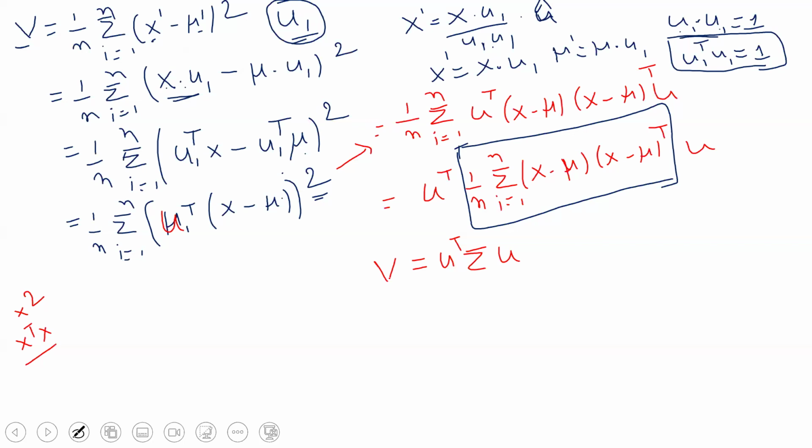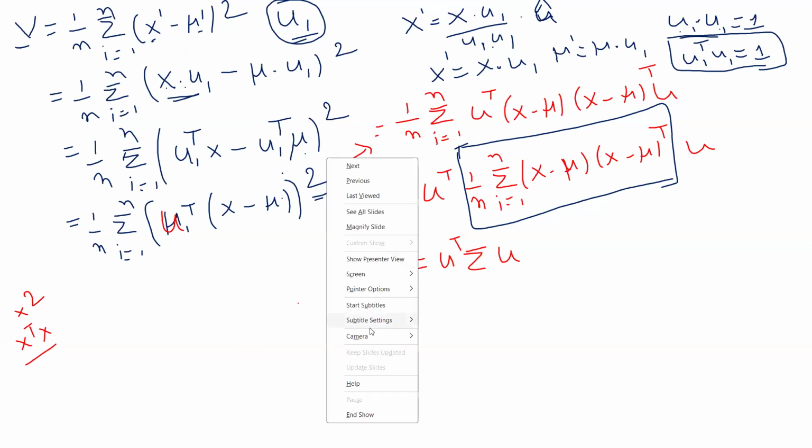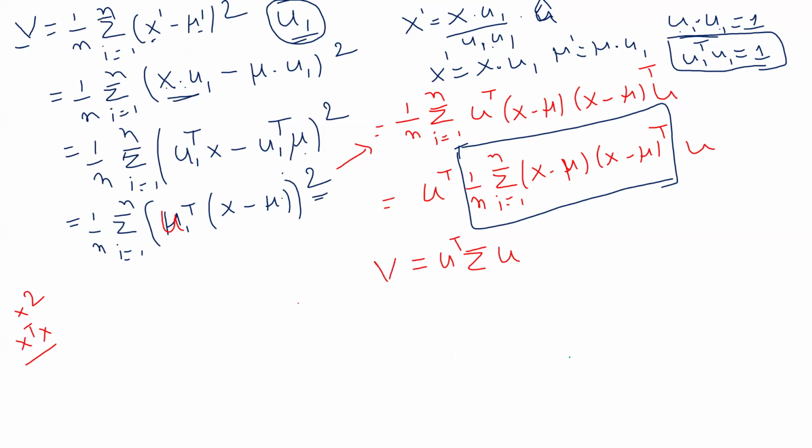Now if I have to write the Lagrangian equation, how do I write it? You have a constraint and you want to construct the Lagrangian equation. So to write the Lagrange's equation, what you just have to do is U transpose sigma U minus lambda into (U transpose U minus 1).